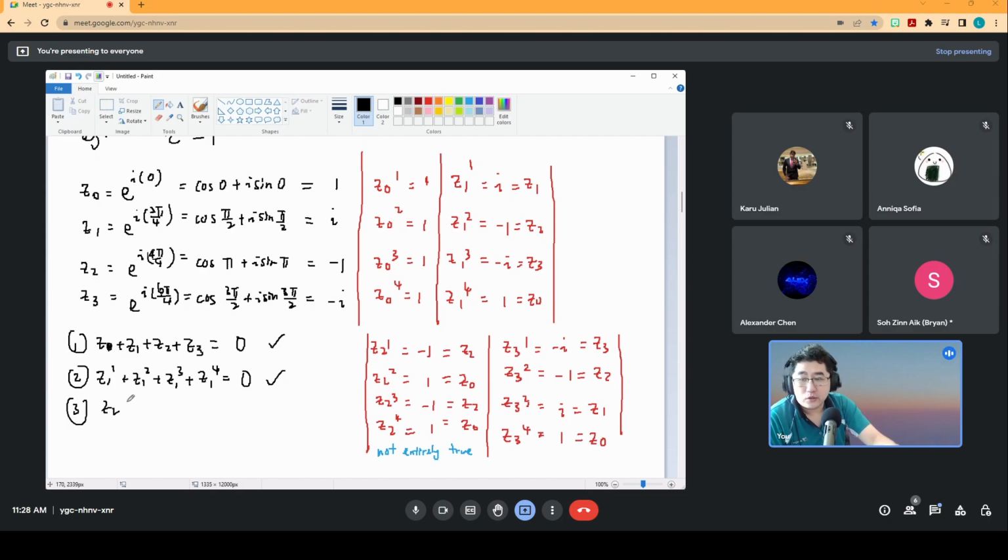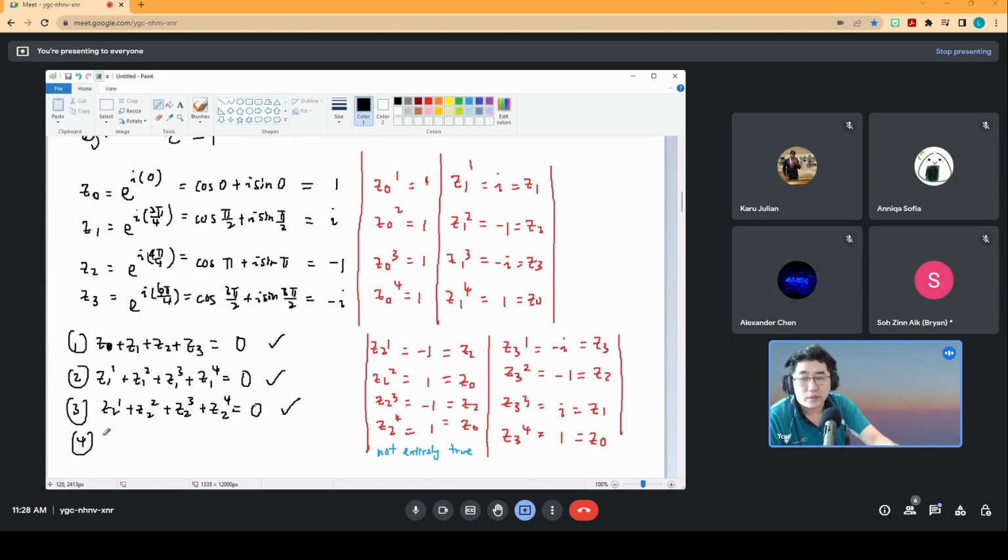Z2 power 1 plus Z2 power 2 plus Z2 power 3 plus Z2 power 4. Although it doesn't go through Z1 and Z3, it still equals 0, right? Yes, it's still true.